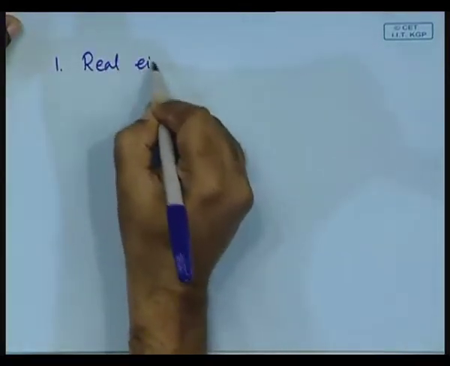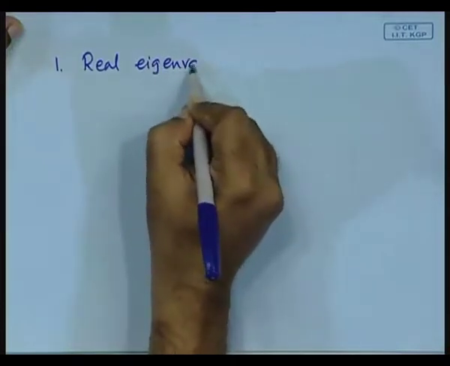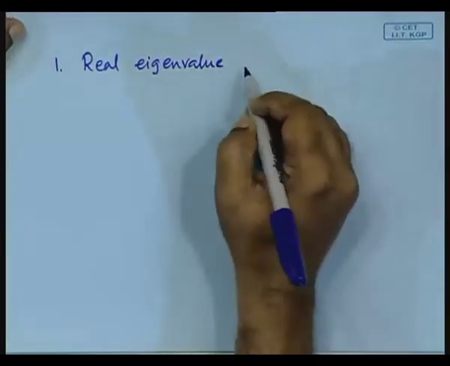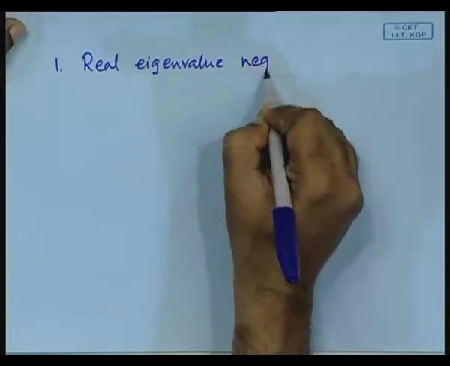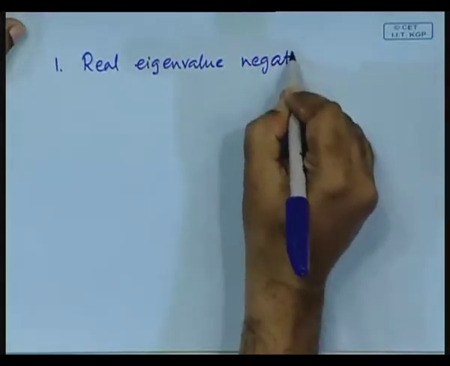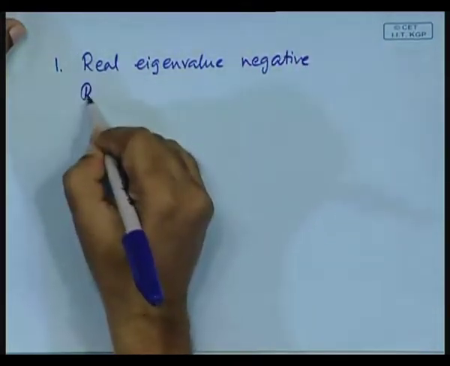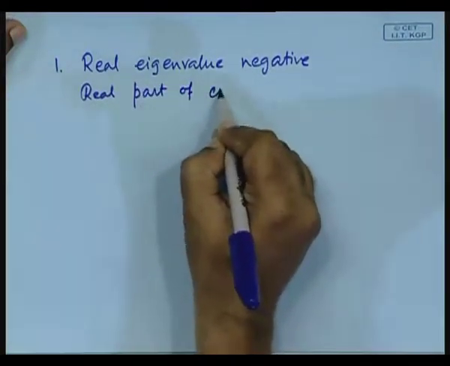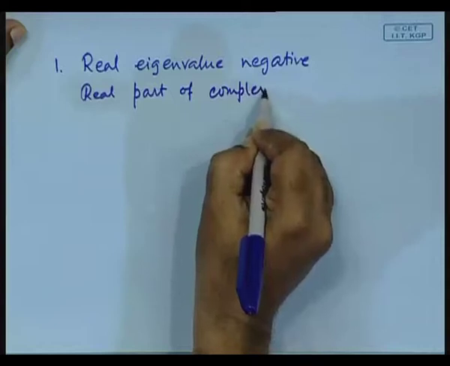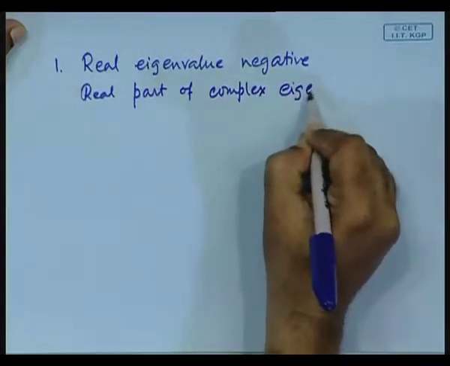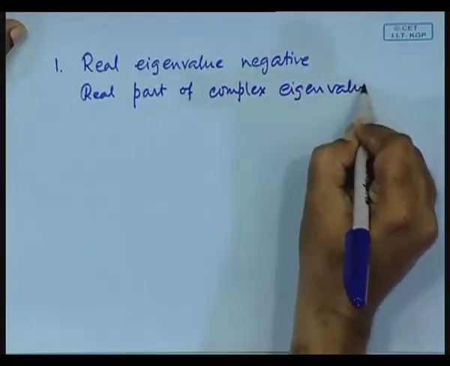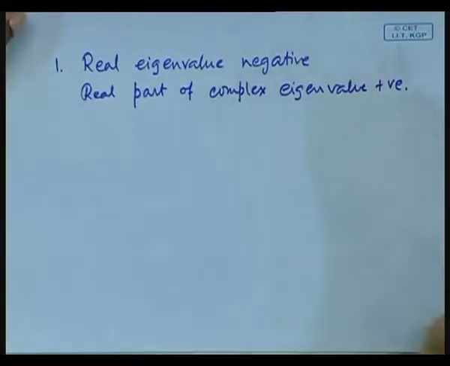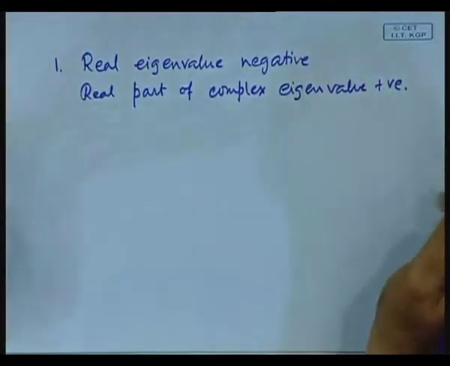Real eigenvalue negative and real part of complex eigenvalue positive. Then what happens?